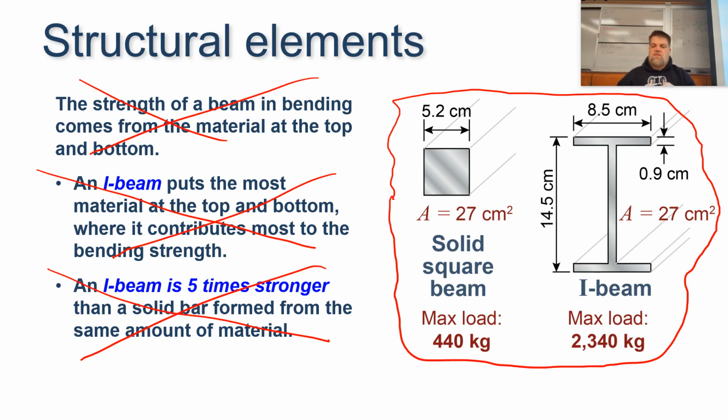Notice that the cross-sectional area is the same. So a solid square beam can hold 440 kilograms.